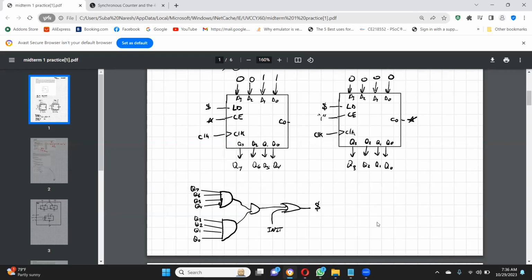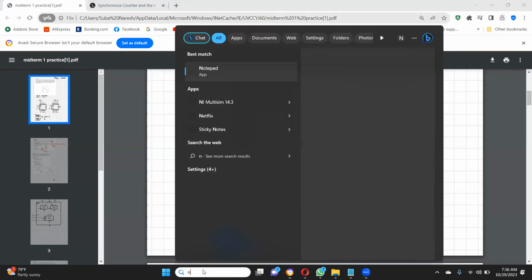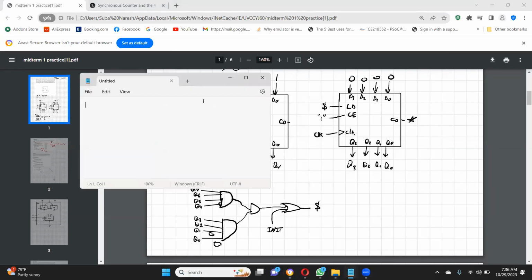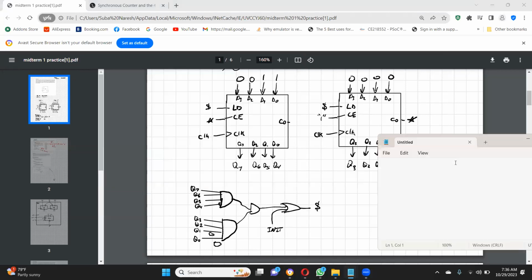Okay. This is what I mean. You are complicating it. I'll explain this way. See, assume that Q3, sorry, Q2, Q1, and Q0 equal 1111, right? 1111 is what? 15, right?